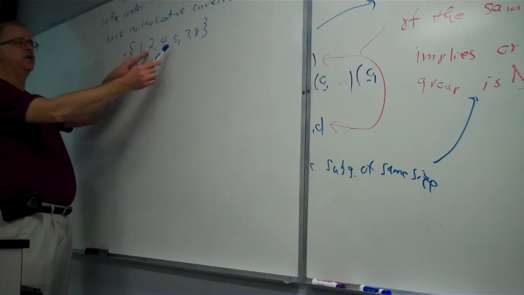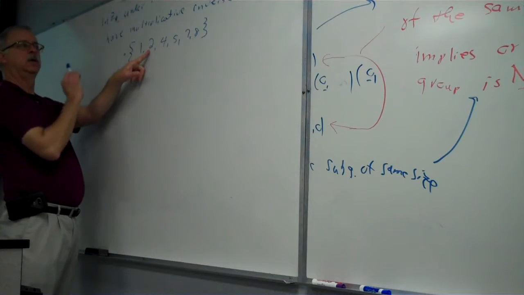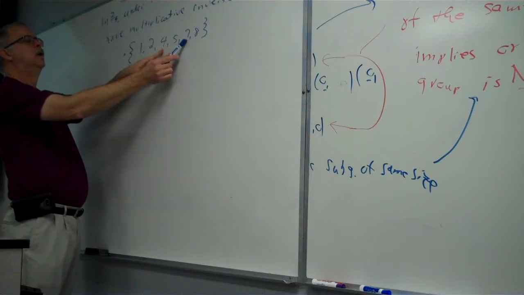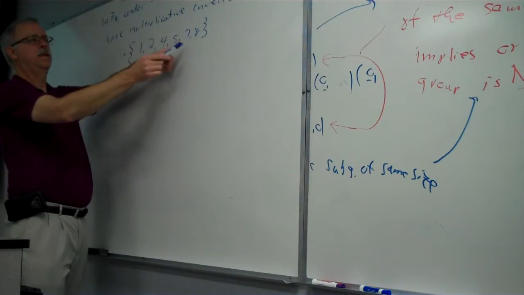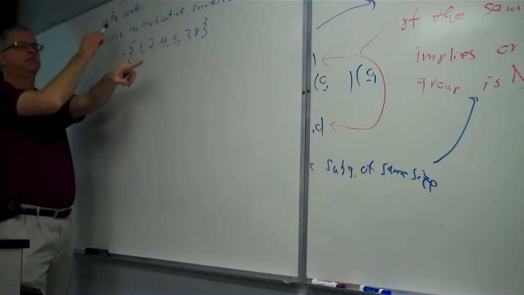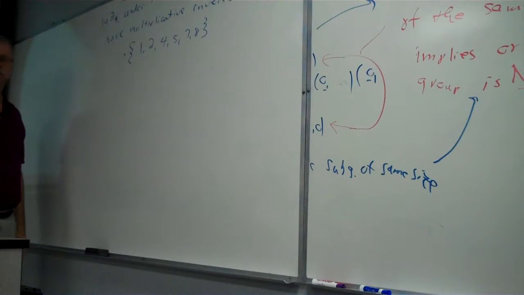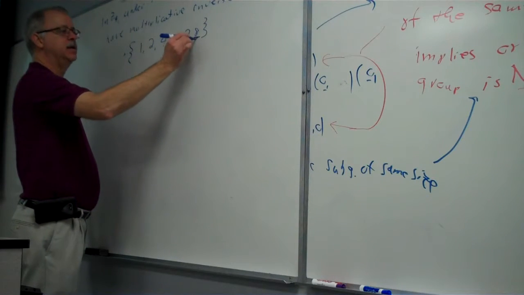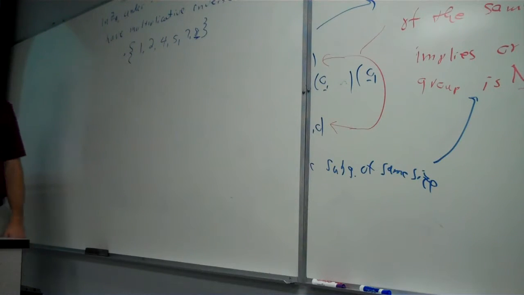As we start looking, let's see, 2 times 5 is 10. 4 times 7 is 28. And 8 times 8 is 64. In fact, I think I mentioned before that in any Zn, the n minus 1 is always its own inverse.